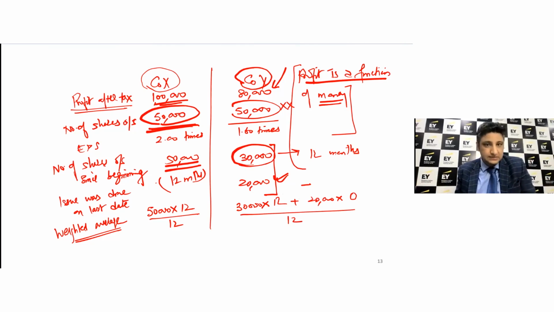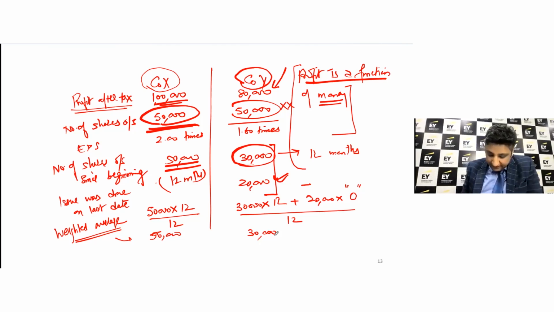Practically 0 days. Okay, right. So the time weight that I want to assign to the money that I've received by issuance of those 20,000 shares is 0, right? That gives me the weighted average number of shares as far as company X is concerned is 50,000, and the weighted average as far as company Y is concerned is going to be 30,000.